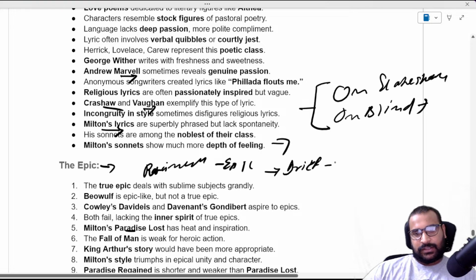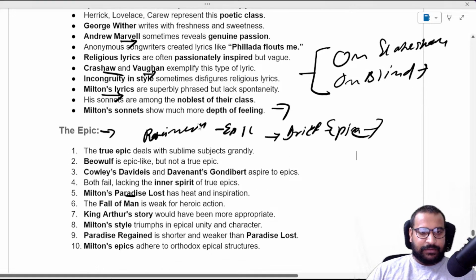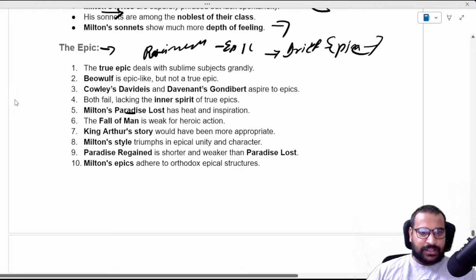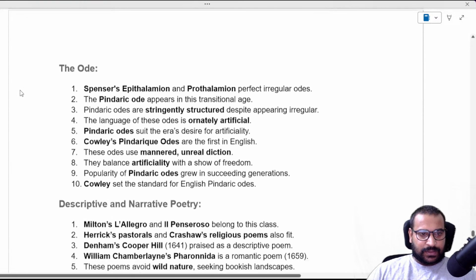Some critics in the modern era said about Paradise Regained that it is a brief epic. Very important that you should remember. So as you know, we have Milton's Paradise Lost and Paradise Regained, both of which you can see here.